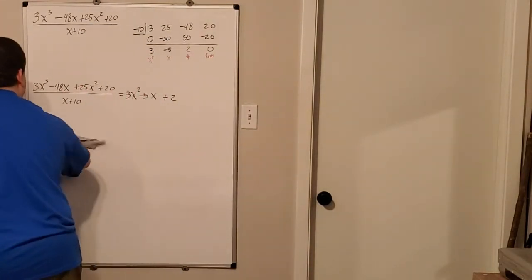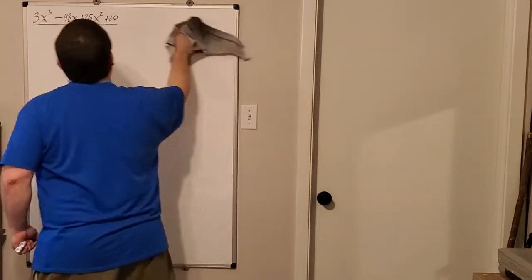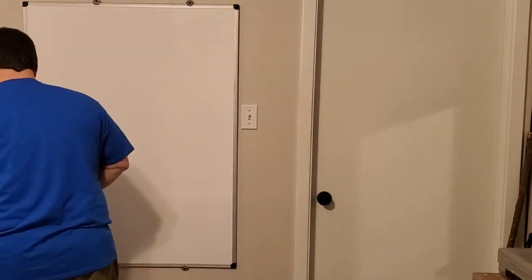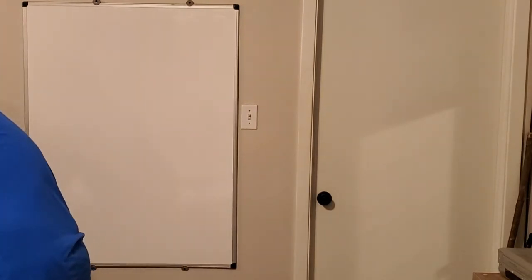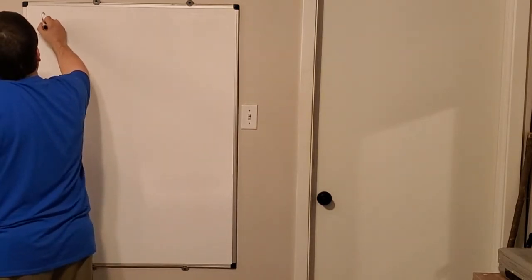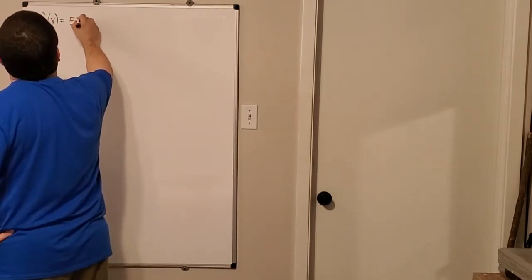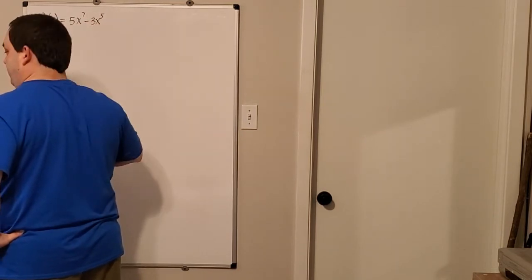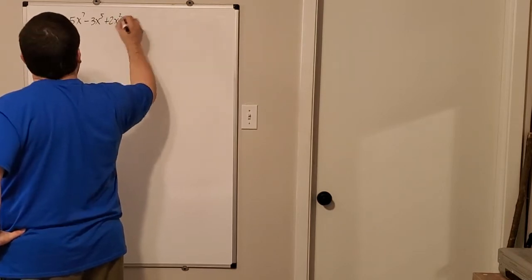I want to show you a property. Okay. Now here's what I'm going to do. I'm going to take a function, f of x, and set it equal to 5x to the 7th minus 3x to the 5th plus 2x squared minus 1.